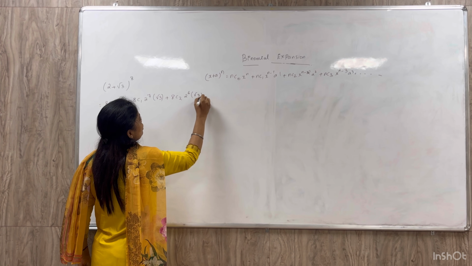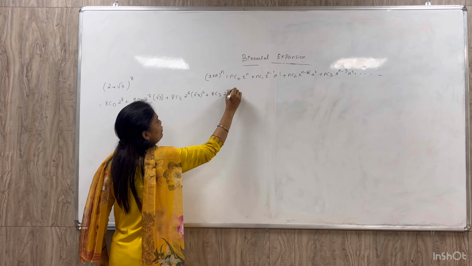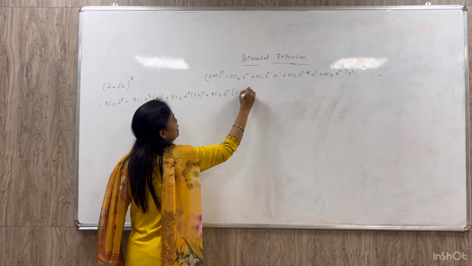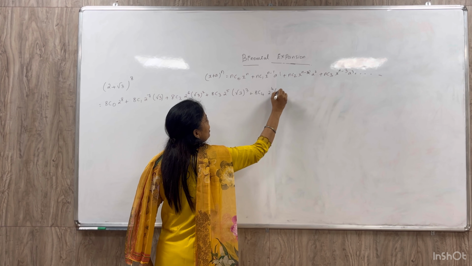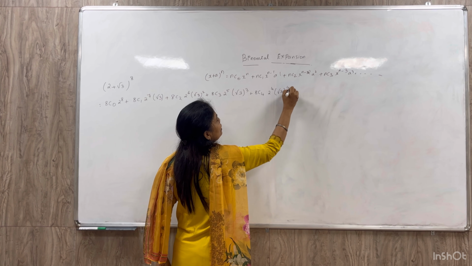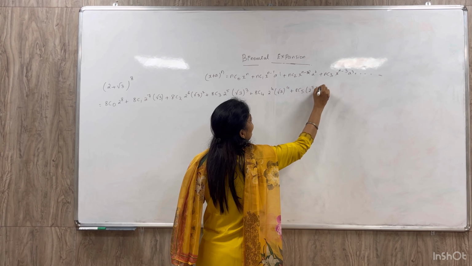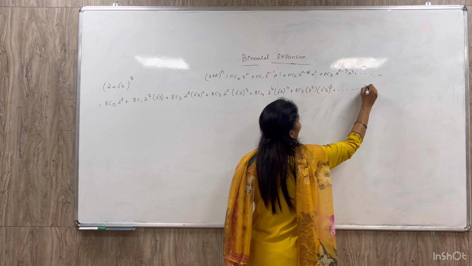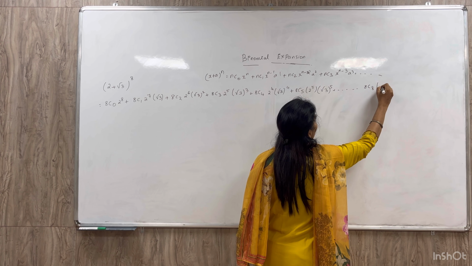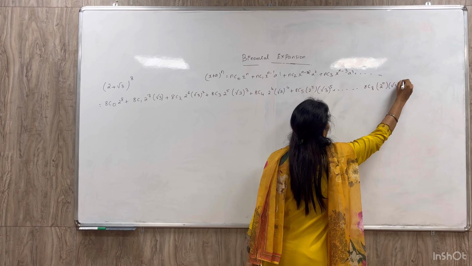Root 3 power 2, plus 8C3 2 to the power 5 root 3 power 3, plus 8C4 2 to the power 4 into root 3 power 4, plus 8C5 2 to the power 3 into root 3 power 5, and so on up to 8C8 2 to the power 0 into root 3 power 8.